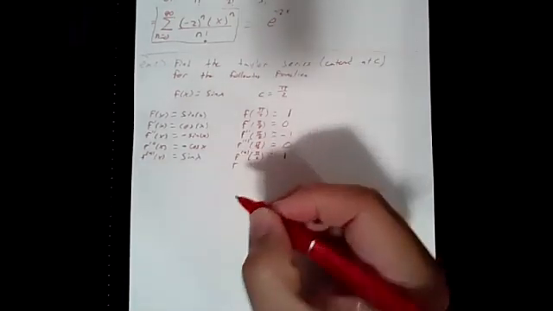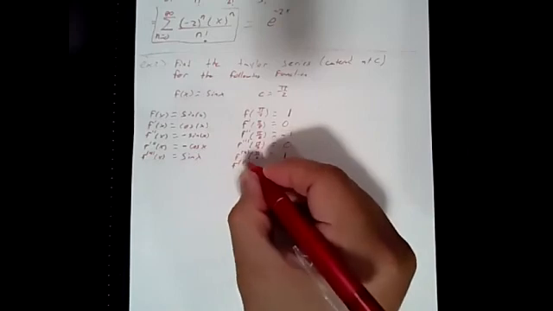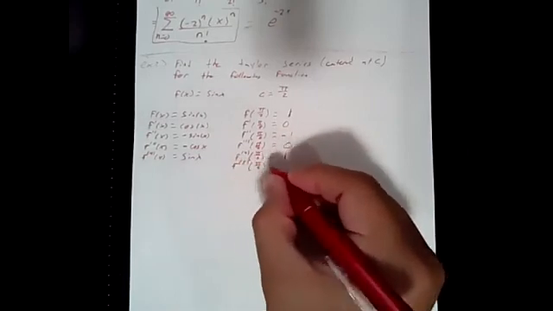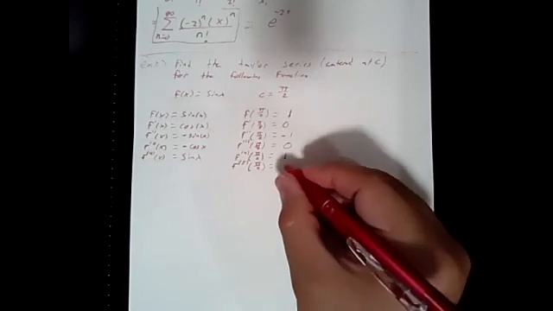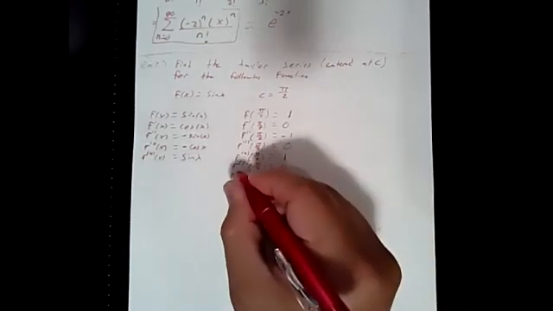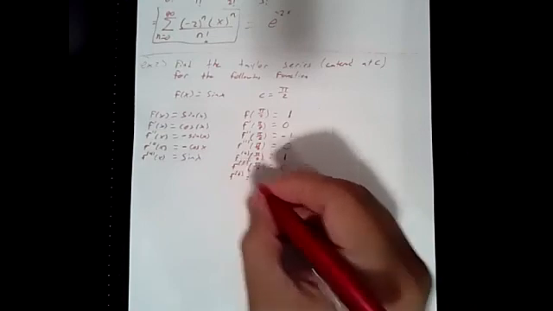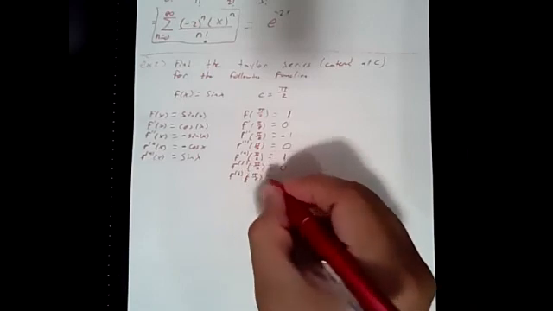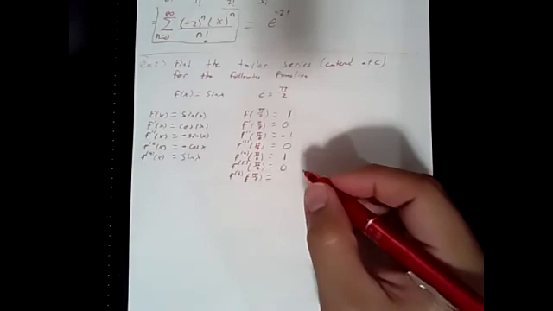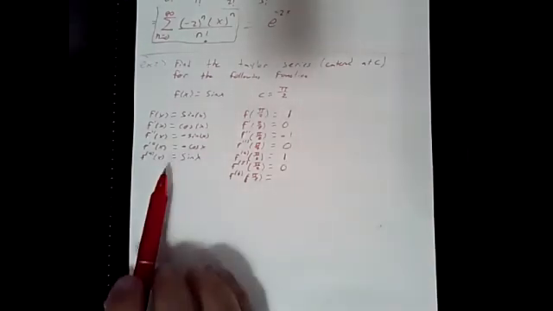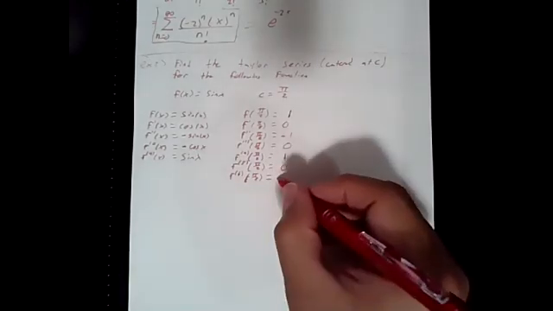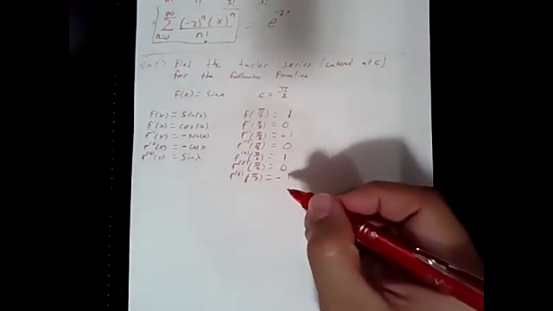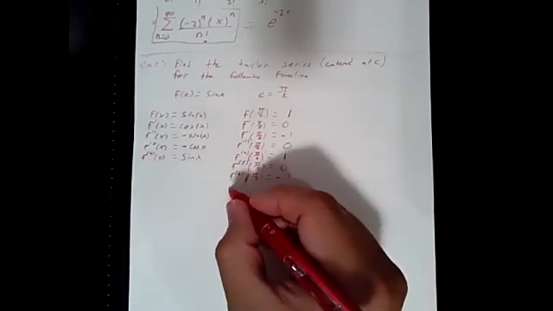And it looks like it's going to start to repeat. Let's write down a few more. Fifth derivative would be 0. Sixth would be cosine, should be negative 1. Seventh derivative.